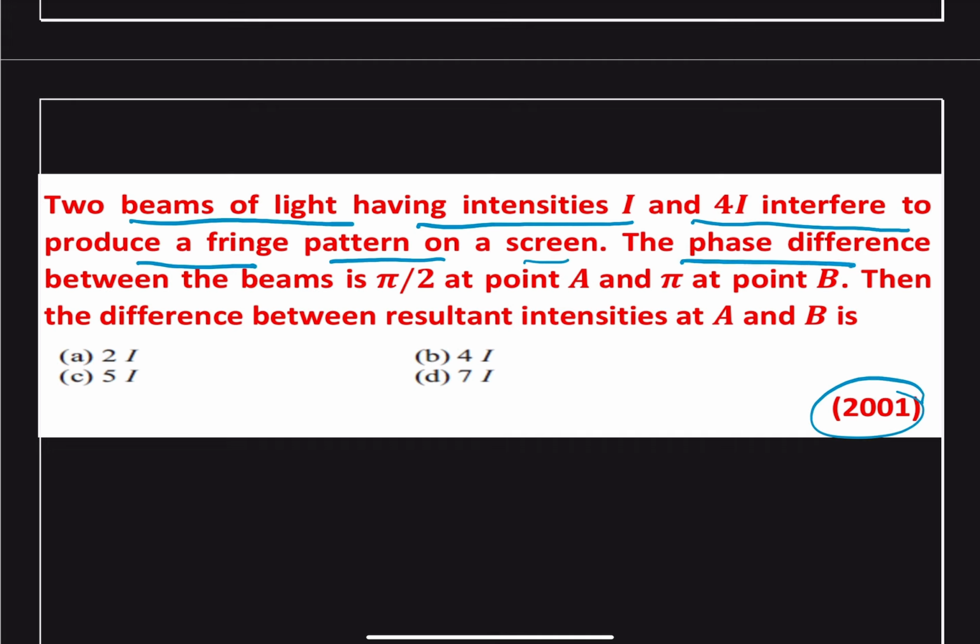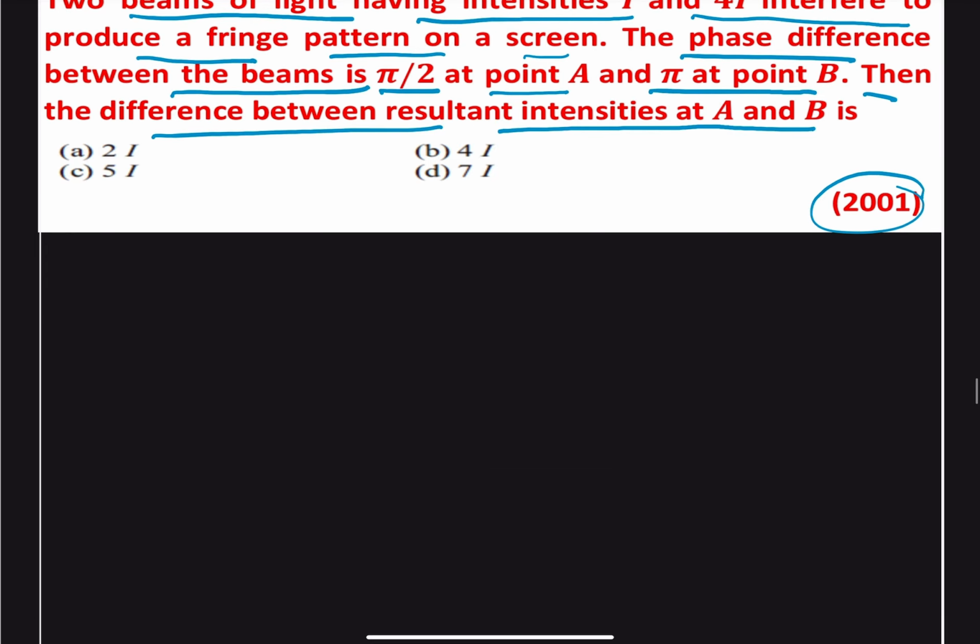The phase difference between the beams is pi by 2 at point A and pi at point B. Then the difference between the resultant intensities at A and B is. So we have to find out what will be the resultant intensities when the phase difference at A is pi by 2 and at B is pi. So let us assume that there are two beams. So let us consider the first beam.